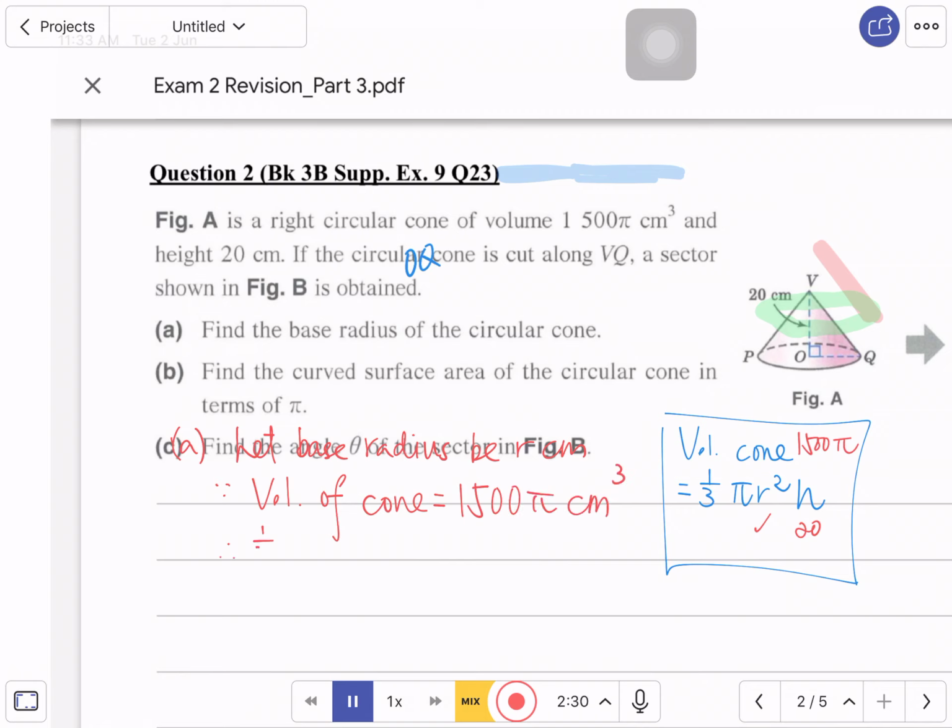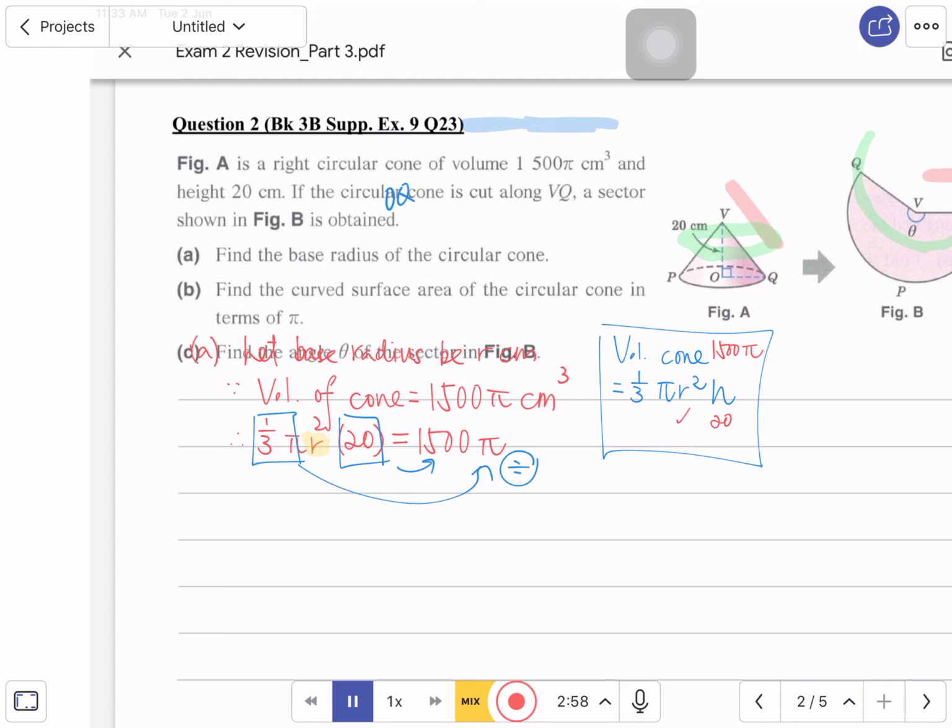So 1/3 pi r square times 20 will be 1500 pi. Now the unknown that we concern is r. For the remaining parts, 1/3 times pi and 20, we can use division to move it to the right.